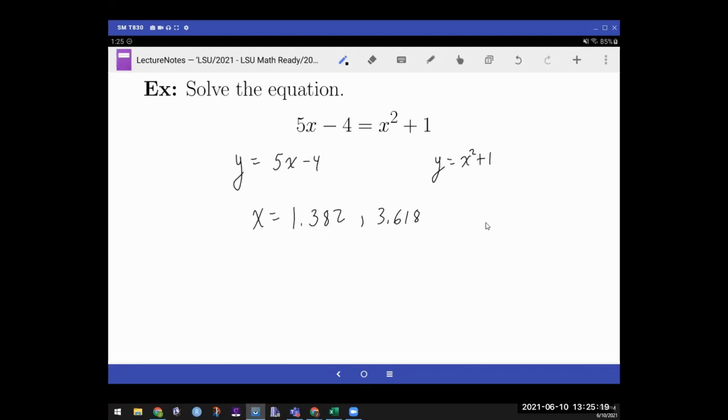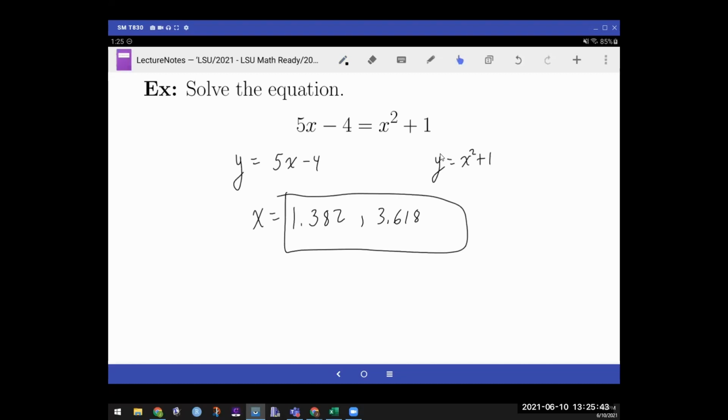That's not the way to do it. But if you're trying to solve a real problem and you just need some sort of an estimate for the solution, like 1.38, maybe this is dealing with finances, $1.38, that's a good estimate. $3.62 would be a good estimate.